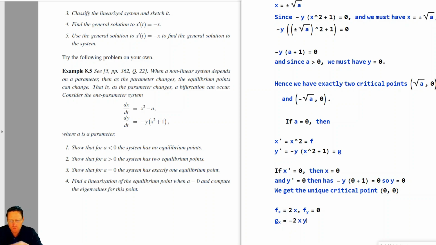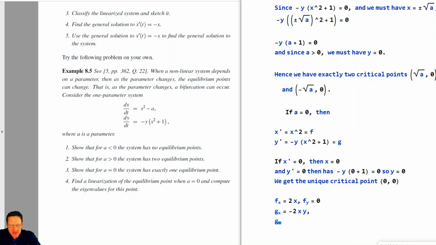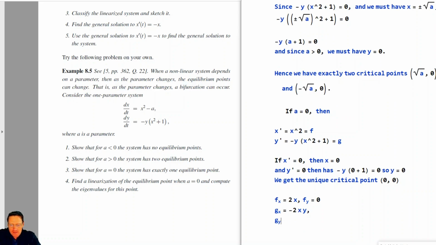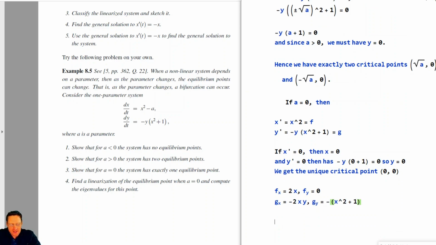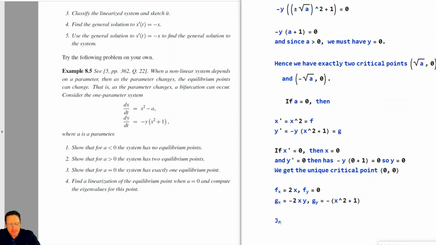All right, so minus 2xy. The partial derivative of g with respect to y is just the coefficient of y when we're treating the rest as constants, so we just have minus, in brackets, x squared plus 1.